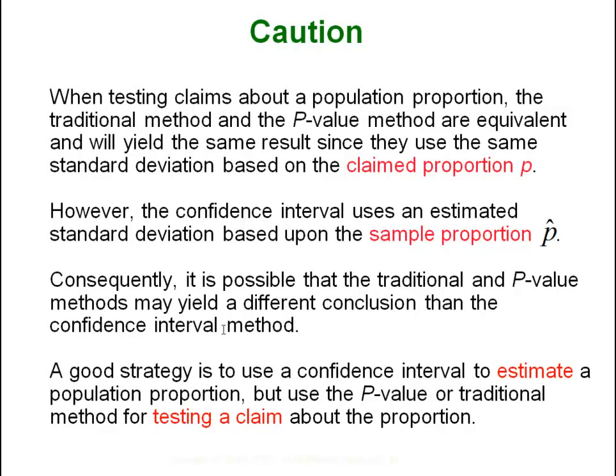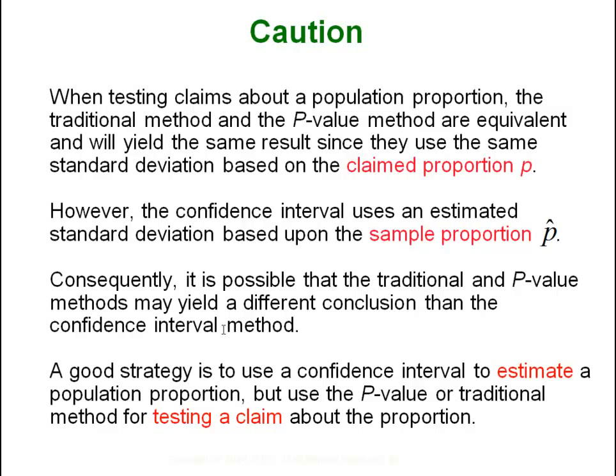And here's where they're talking about the problems with that. When you're testing claims about the population proportion, the traditional method and the p-value method will both give you the same result, always, because they use the same standard deviation that is based on the claimed proportion p. As we said in the previous slides, we're using the p, the q, and the n that are based on the claimed proportion of the population. However, when you build a confidence interval, it uses an estimated standard deviation based upon the sample proportion p hat, and those two numbers can be different.